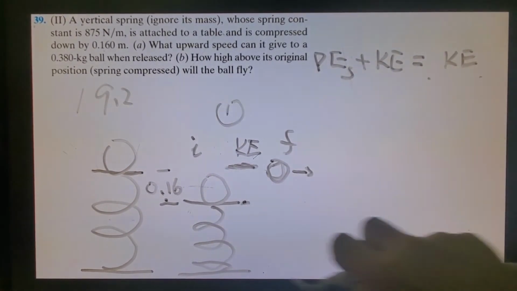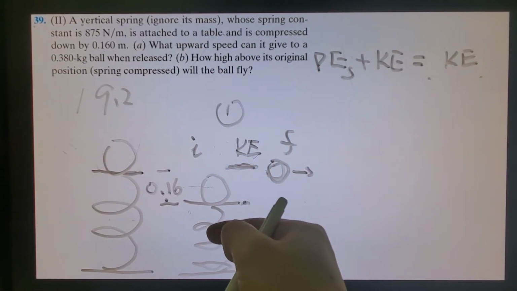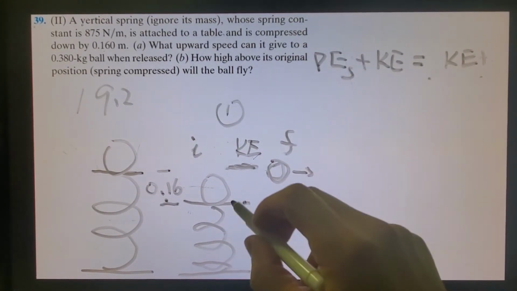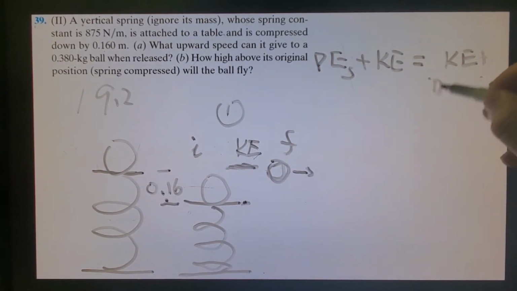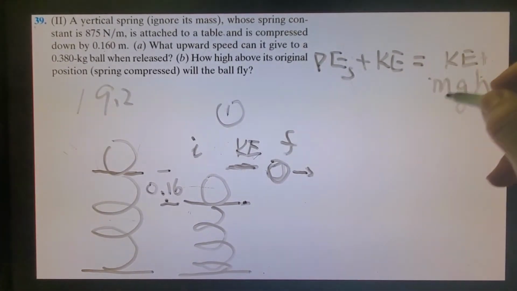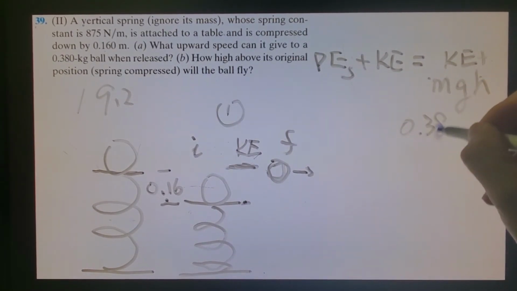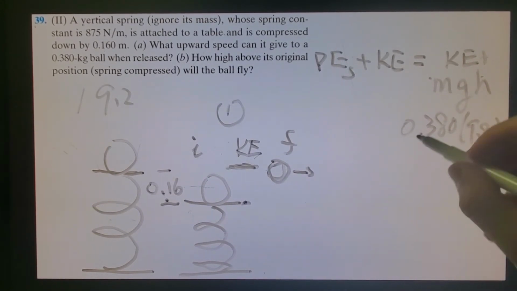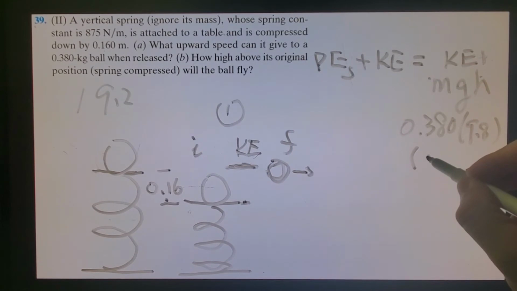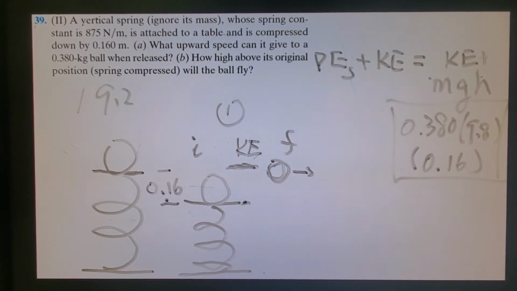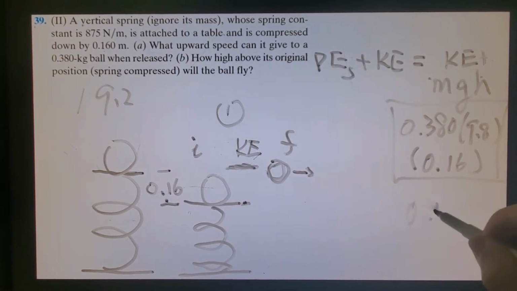If we include it, the potential energy is mg times h, with m equal to 0.380, g equal to 9.8, and h equal to 0.16. That gives 0.38 times 9.8 times 0.16, which is 0.59.